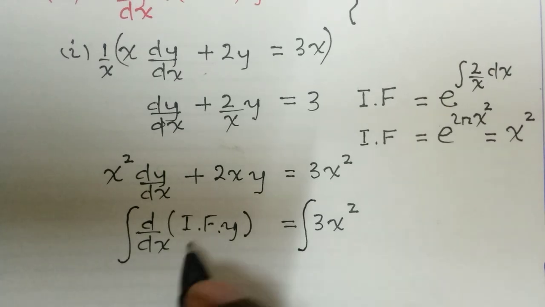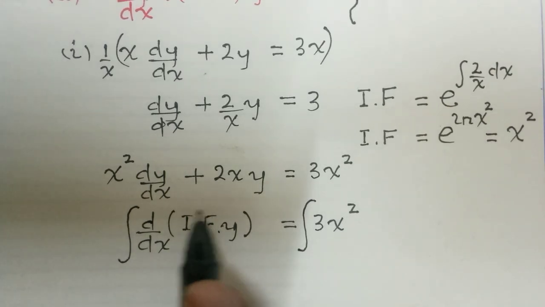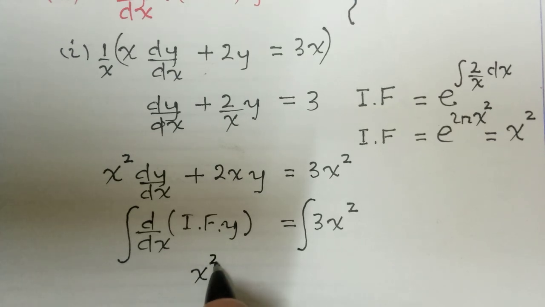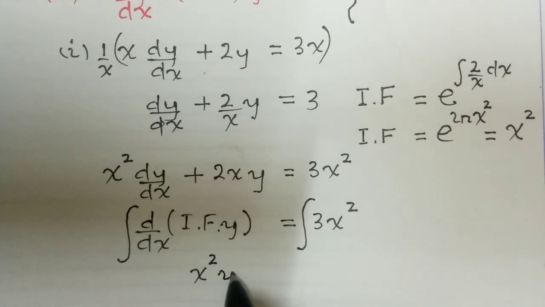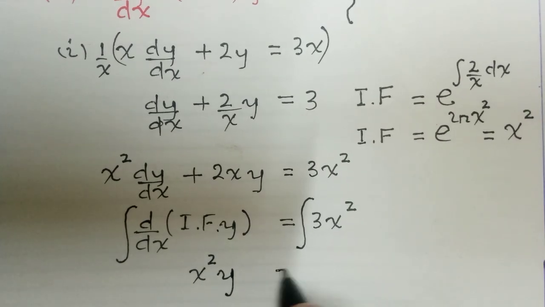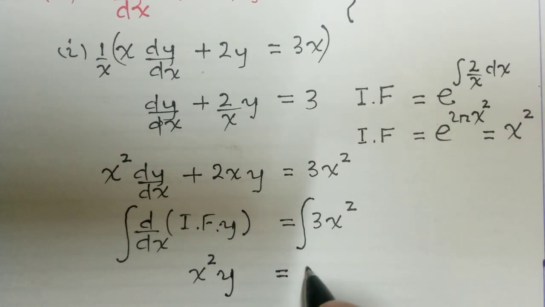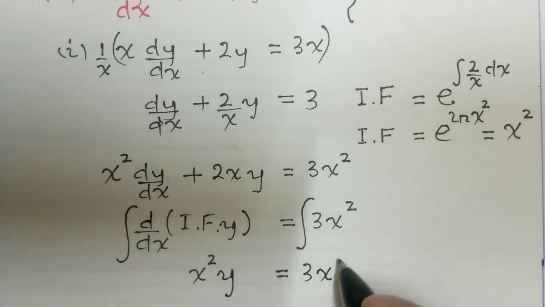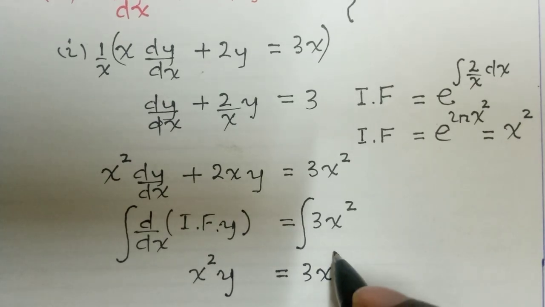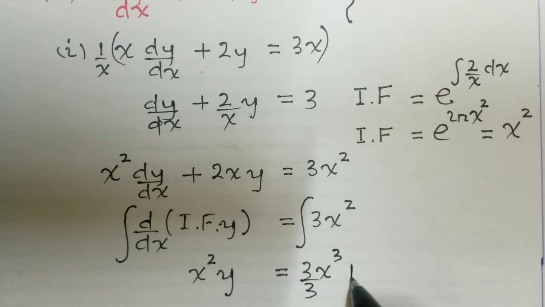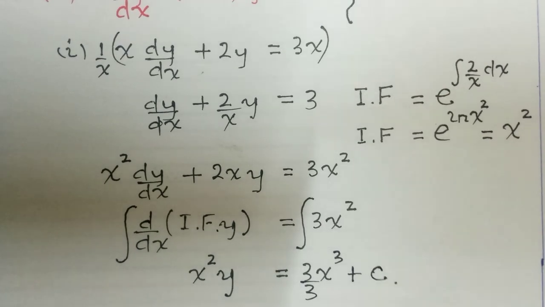So we are going to have the integrating factor, which is x squared, multiplied by y. This is going to be equal to 3x cubed all over 3, plus a constant.